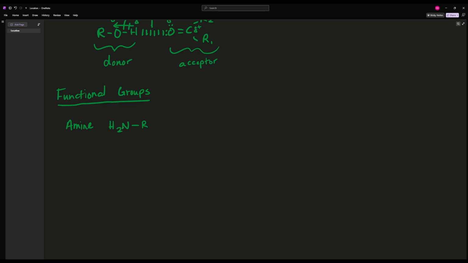They can have these hydrogens replaced with other R groups. So they might look like R1 bonded to nitrogen, bonded to R2, bonded to R3. As long as these R groups do not possess a carbonyl, this holds true.